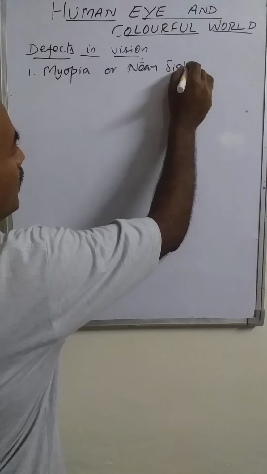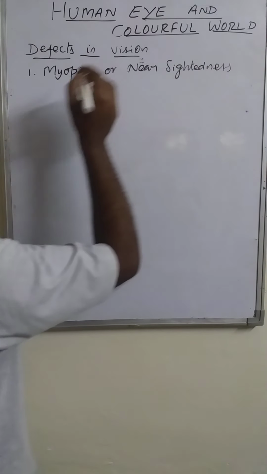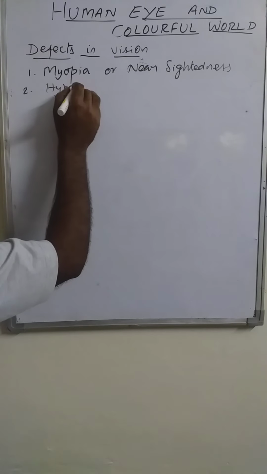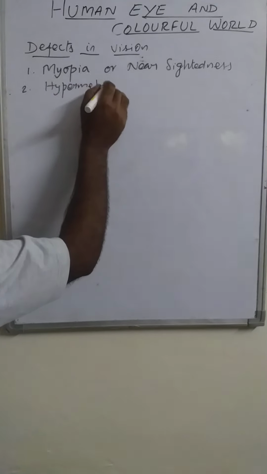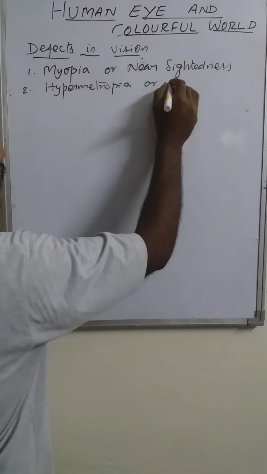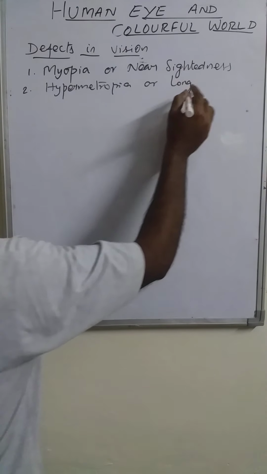The second one is hypermetropia, also known as long-sightedness or far-sightedness.